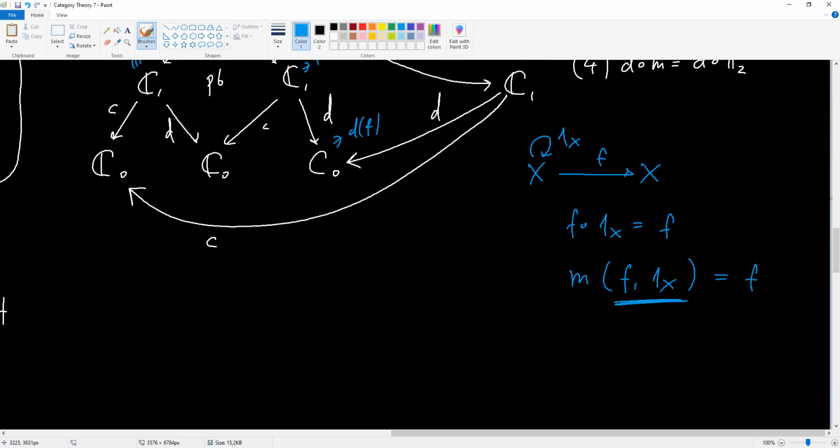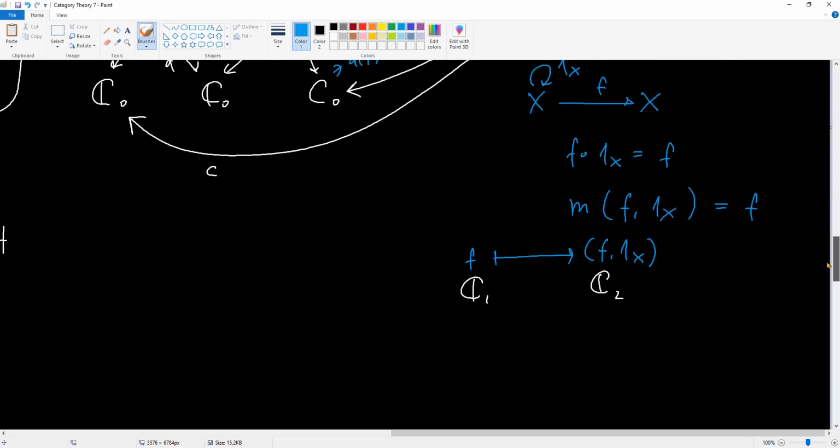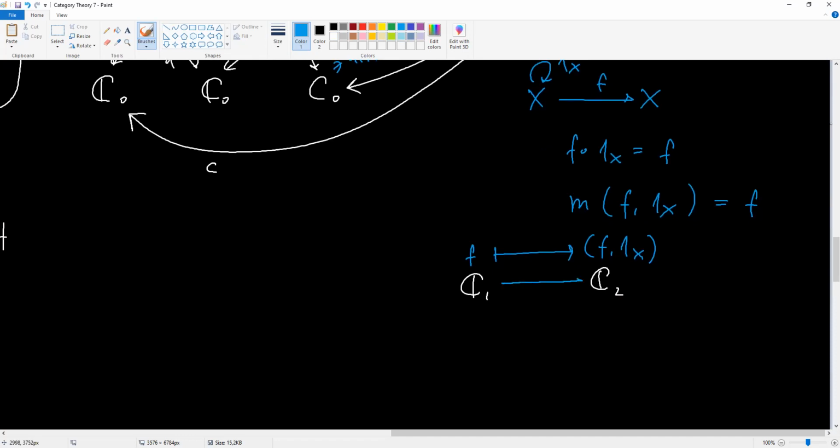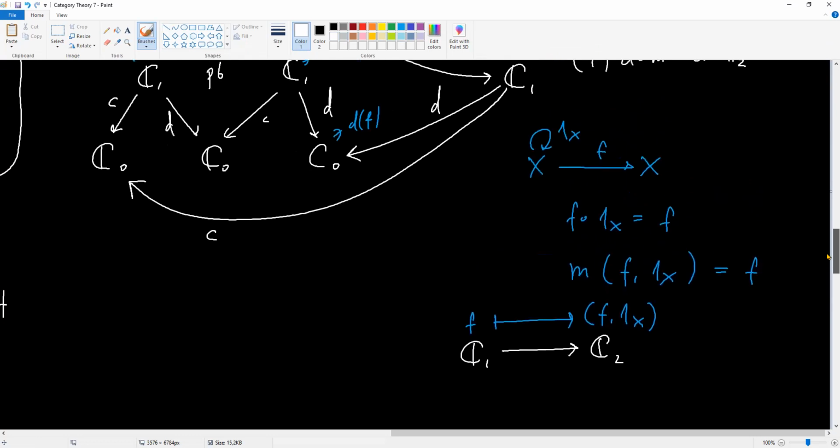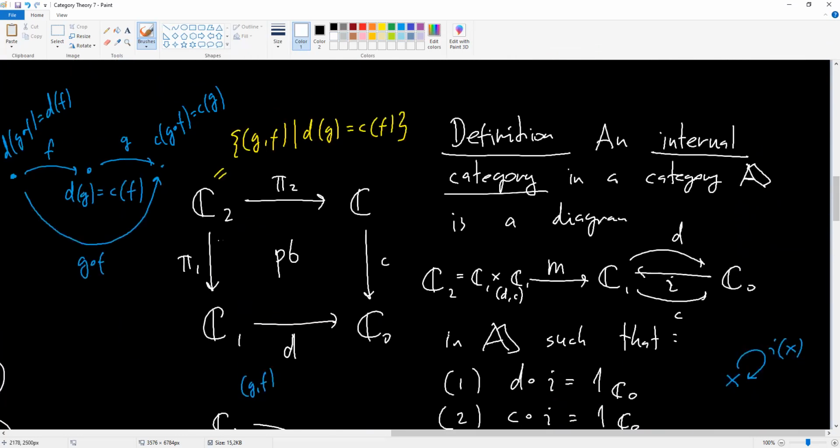But now I want to be able to begin with F, and so that will be inside C1, right? And get something in C2 that will be representing this pair F, identity. So I want an arrow from C1 to C2. And remember that C2 is a pullback, right?